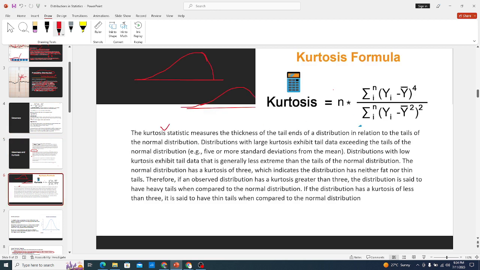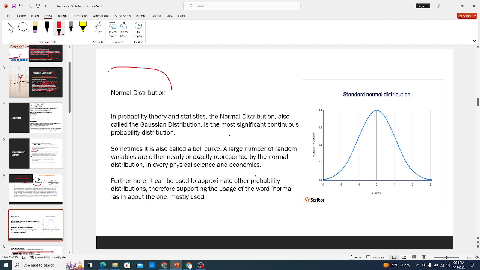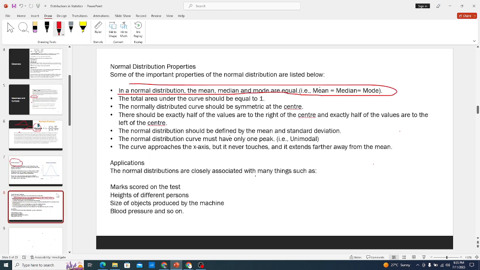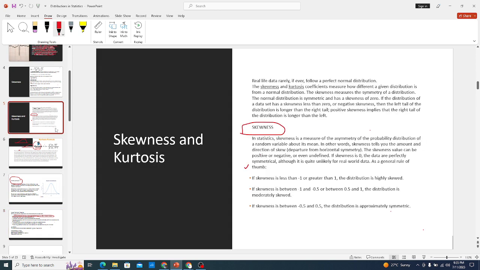If we have time, we'll also discuss kurtosis today, but if we won't have the time, we'll discuss it tomorrow and then start with our first distribution, which will be the normal distribution. This is just some notes for skewness.